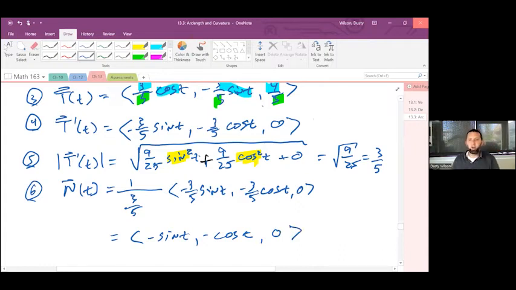We can check it by looking at t dot n. If we take t dot n, we're going to get positive 3/5 sine squared plus positive 3/5 cosine squared. Oh, sorry, I'm dotting with the wrong thing.